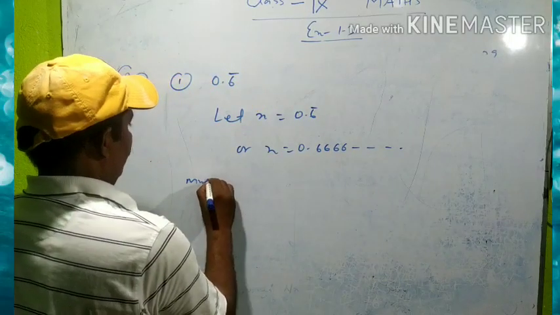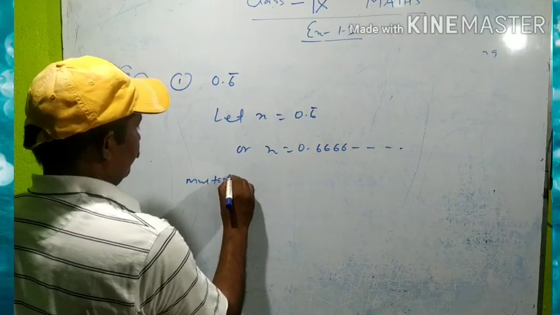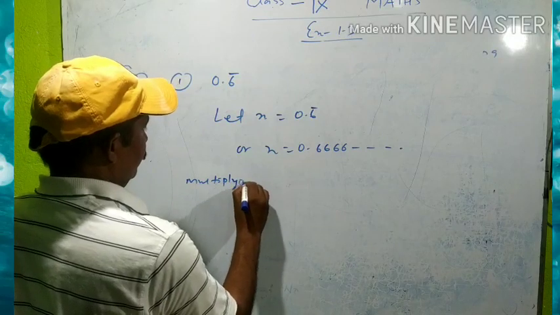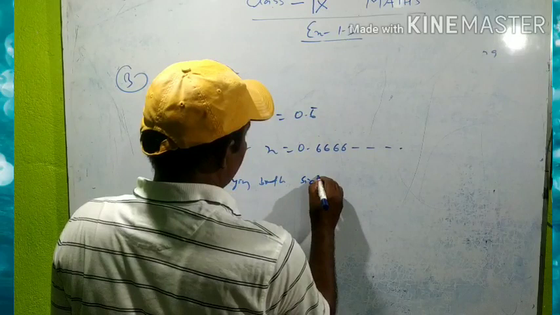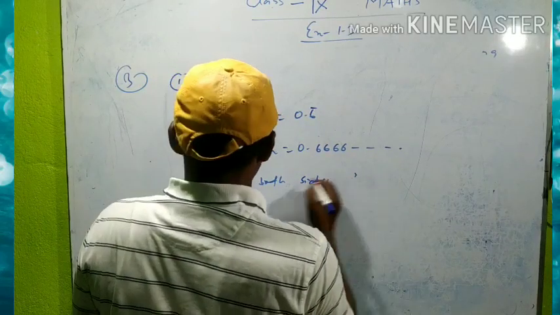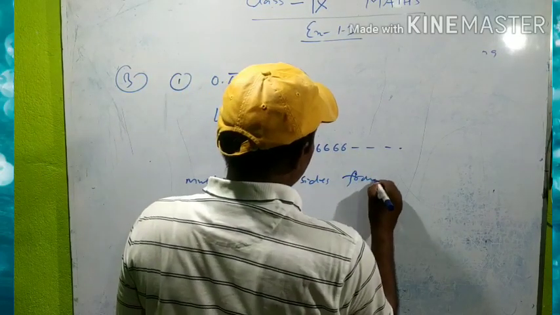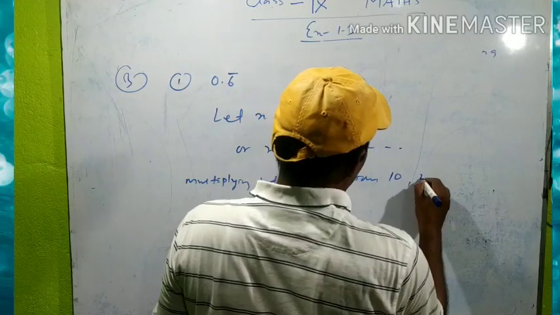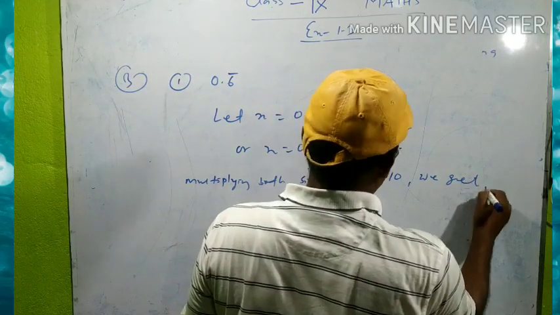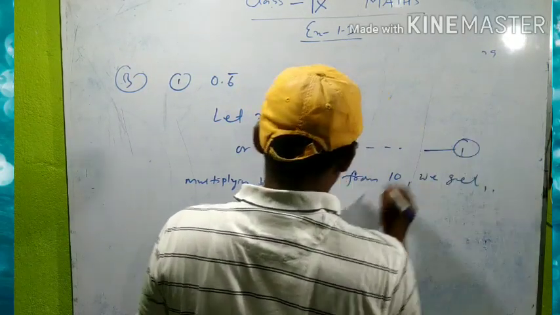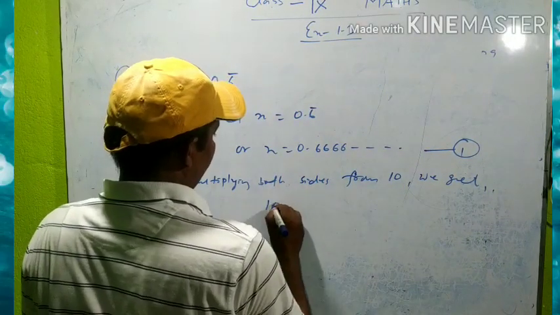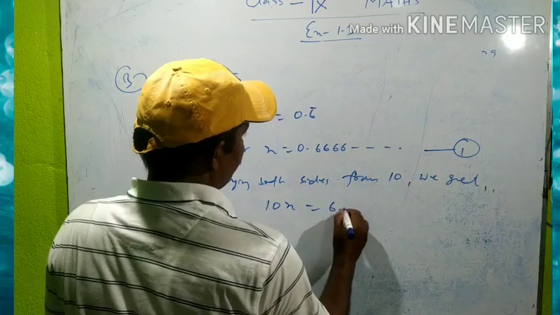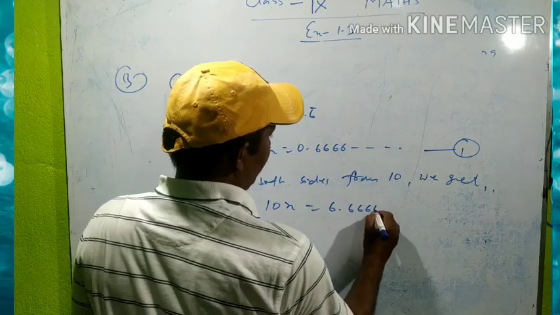Then multiplying both sides by 10 we get, suppose it is equation first now. If you multiply this one both sides by 10, then it will be 10x and 6.666 like that.